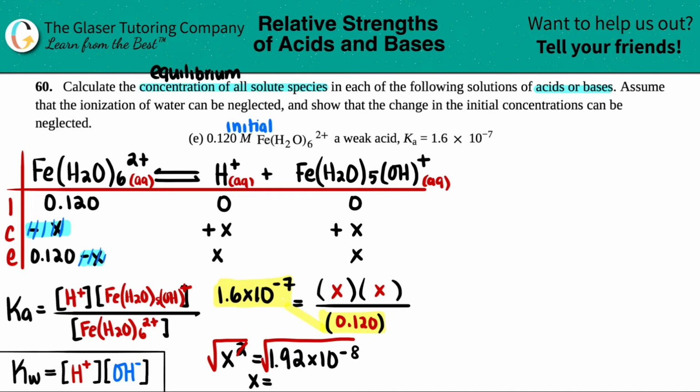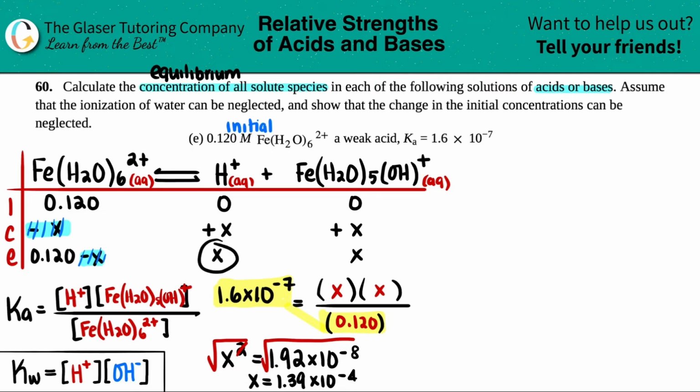And now I'm going to cut it off at 3 sig figs, I guess, because this is technically a constant value. So we're going to go by this value if anybody cares about sig figs. So we'll say 1.39 times 10 to the negative 4th. And those are your X values.